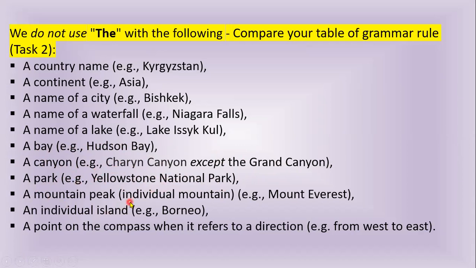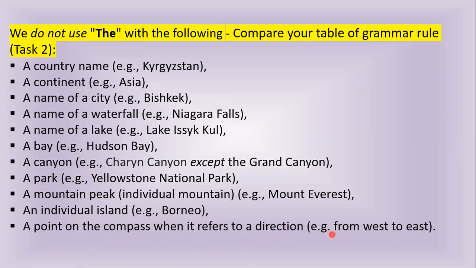Mountain peak: we are talking about an individual mountain, one mountain. So we say, for example, Mount Everest. We know Mount Everest, right? The highest peak in the world. And an individual island, one island, for example, Borneo, we don't use "the". And point on the compass when it refers to a direction, we say from west to east.